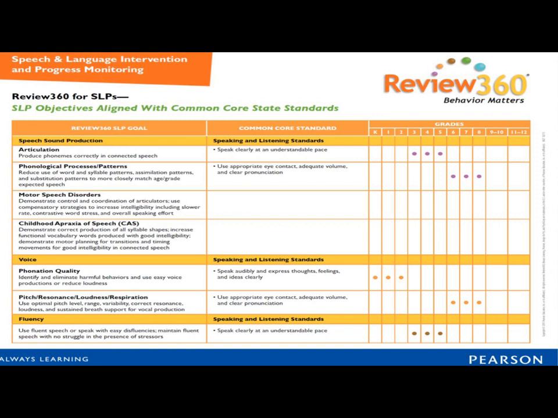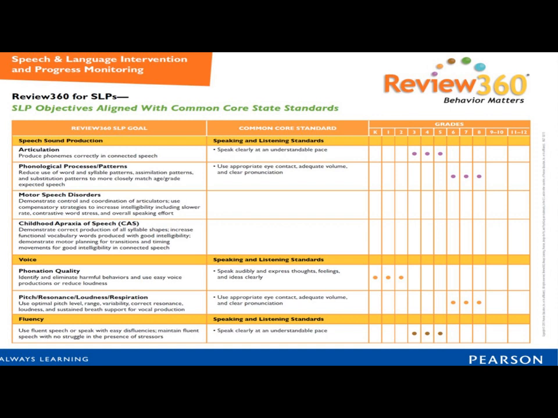In the area of voice, students are expected at kindergarten through 2nd grade to speak audibly and express their thoughts, feelings, and ideas clearly. They are expected to use appropriate eye contact, adequate volume, and clear pronunciation in the later grades. It looks like grades 6, 7, and 8.